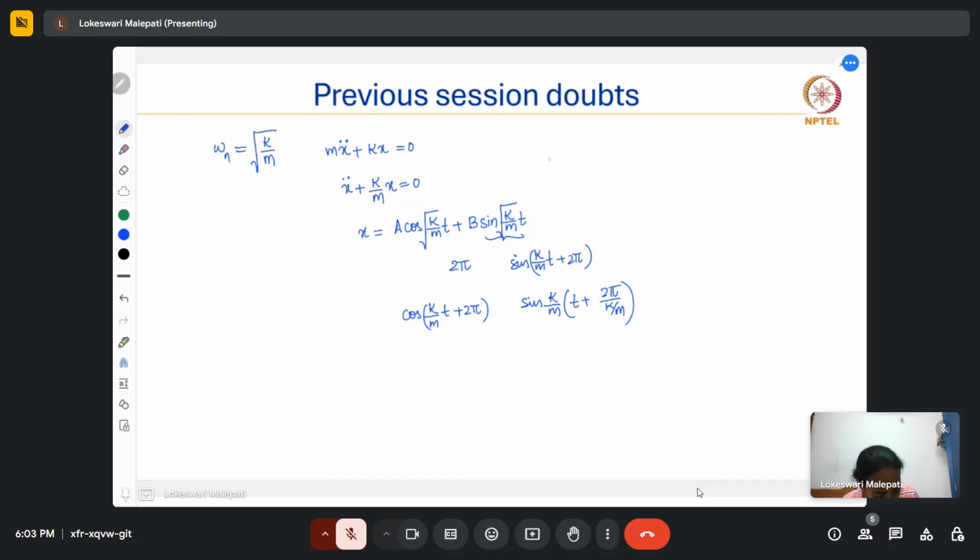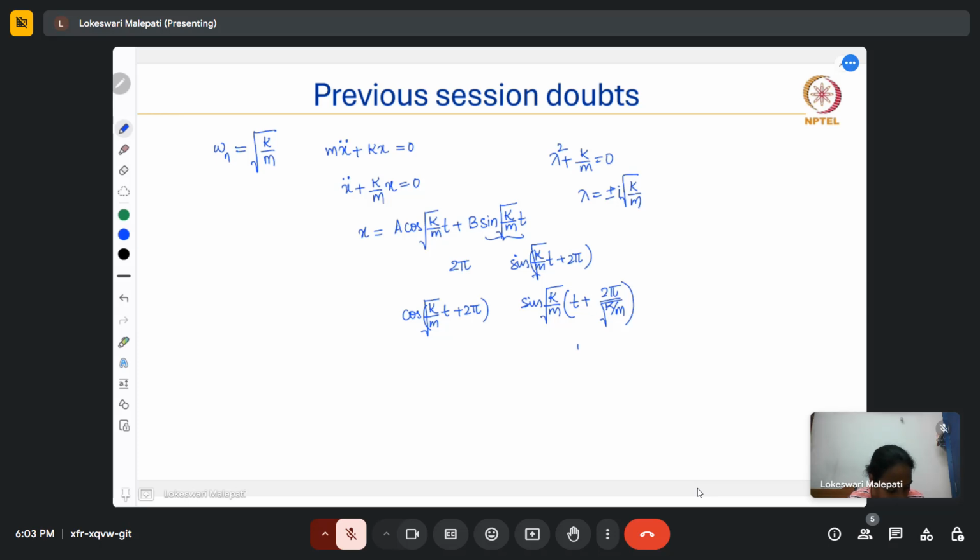Because we will have lambda square plus k by m is equal to 0, so lambda is equal to plus or minus i square root of k by m. So here we have square root of k by m. We are just taking out square root of k by m as common.